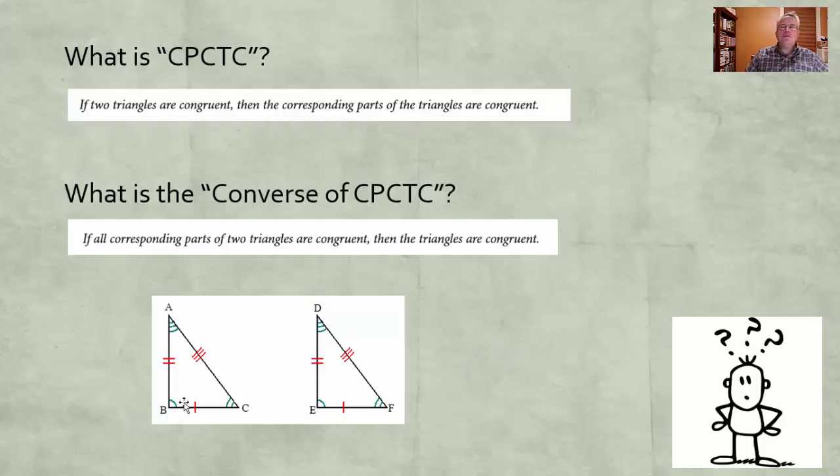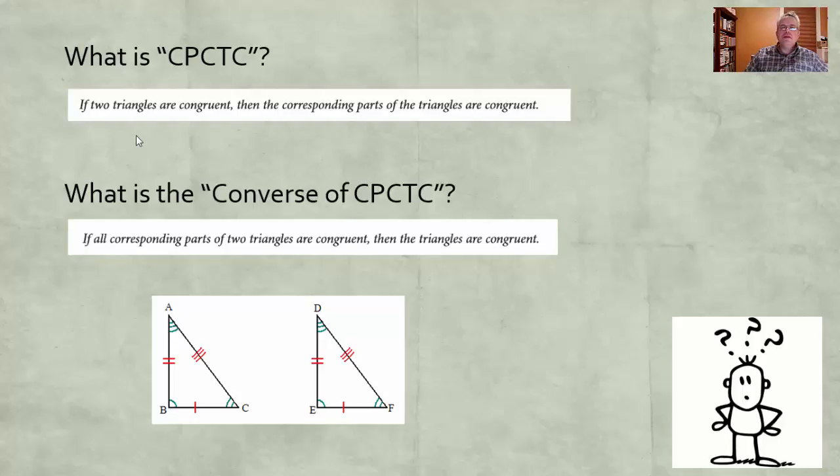For instance, these two triangles down here, if they're congruent, then I know that their matching parts are congruent. Like angle A has to be congruent to angle D, angle B has to be congruent to angle E, etc. Now, the converse of something is when you switch the statement around, you make it go backwards.